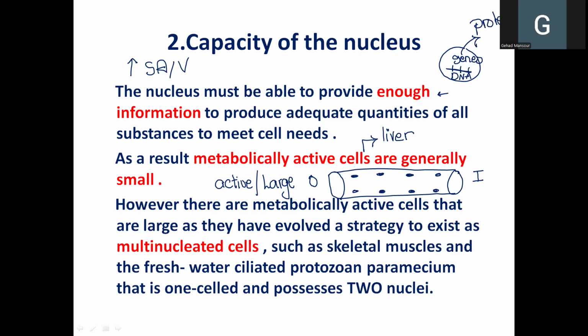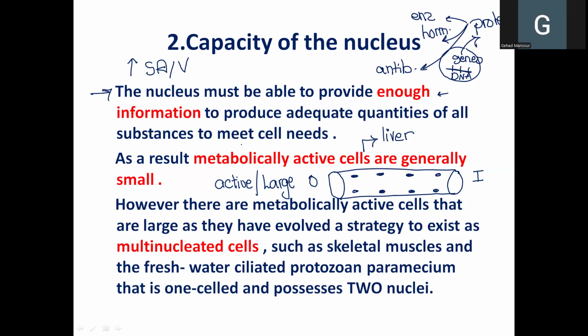Those proteins will be the enzymes that catalyze chemical reactions, the hormones that regulate chemical reactions, the antibodies that help in protecting the body, and so on. And that's why we say that the nucleus should be able to provide enough genetic information for adequate quantities of substances, adequate quantities of enzymes, hormones, and antibodies.